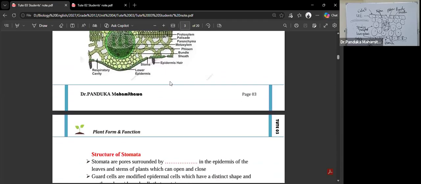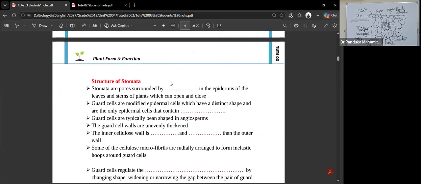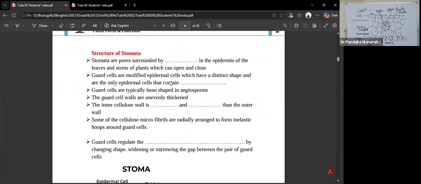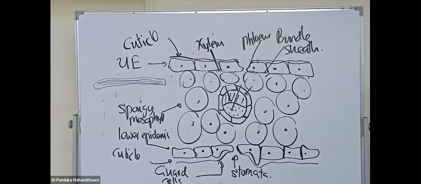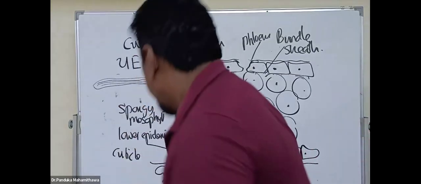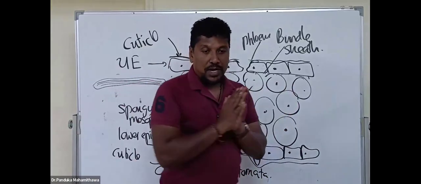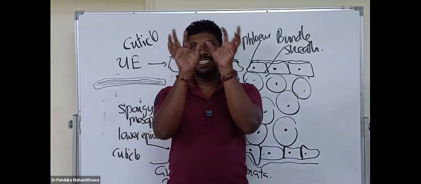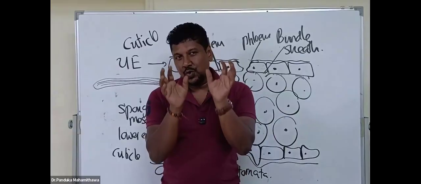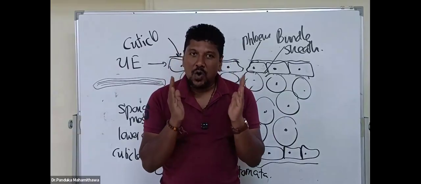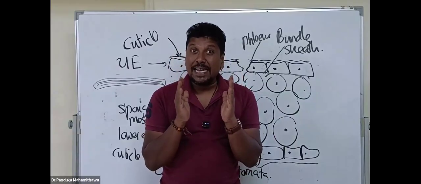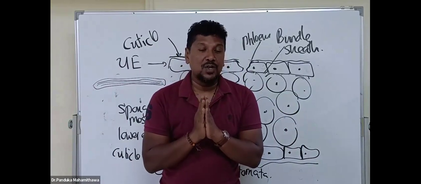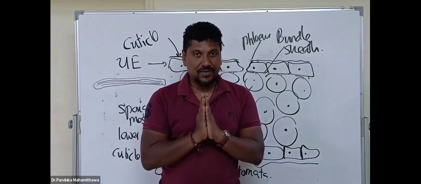Then the structure of the stomata, and the opening and closing of the stomata, you have to learn. How the structure is made by the two guard cells and how the opening and closing of the stomata happens. You have to know the mechanism.